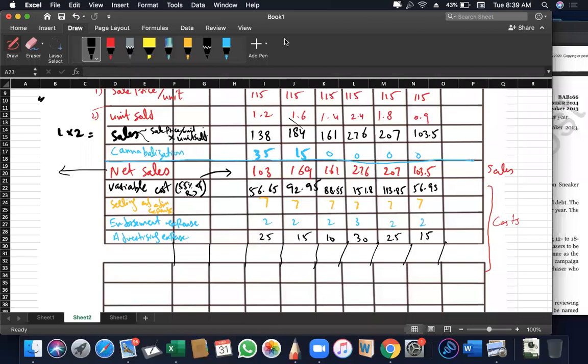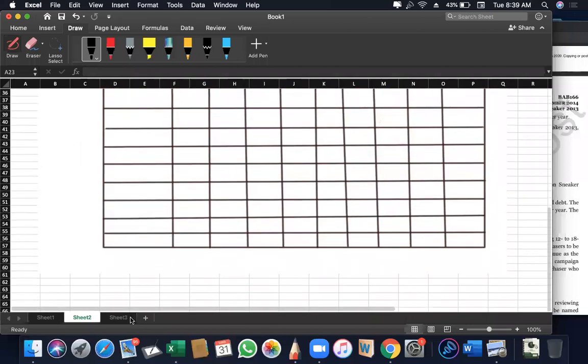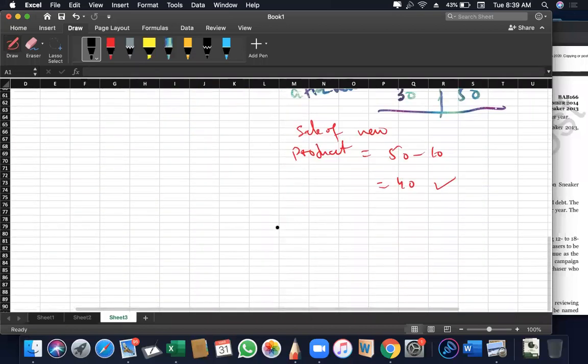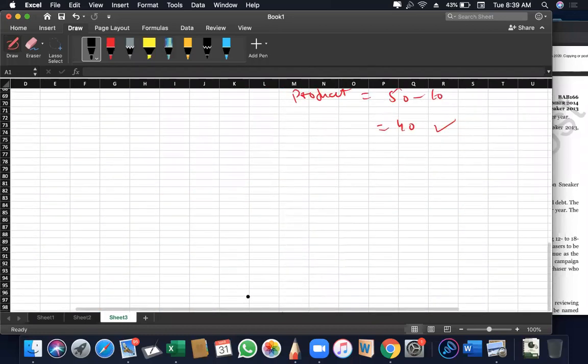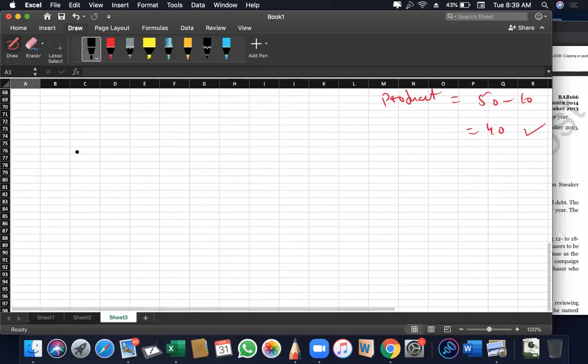Now for depreciation, I will use sheet 3. Here it is the working sheet, the rough sheet for me.